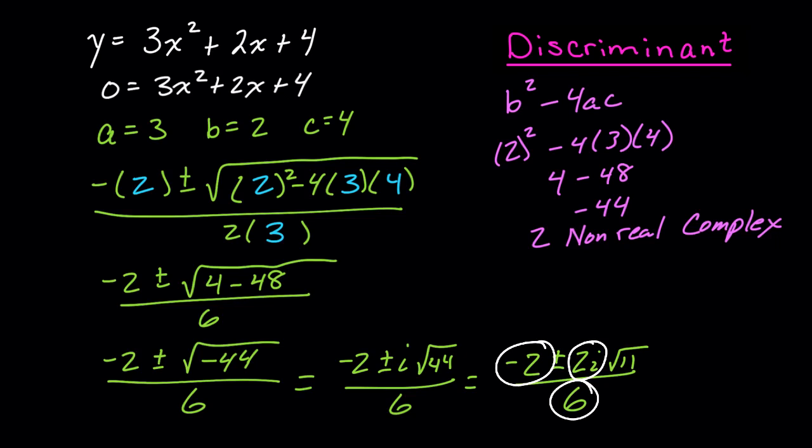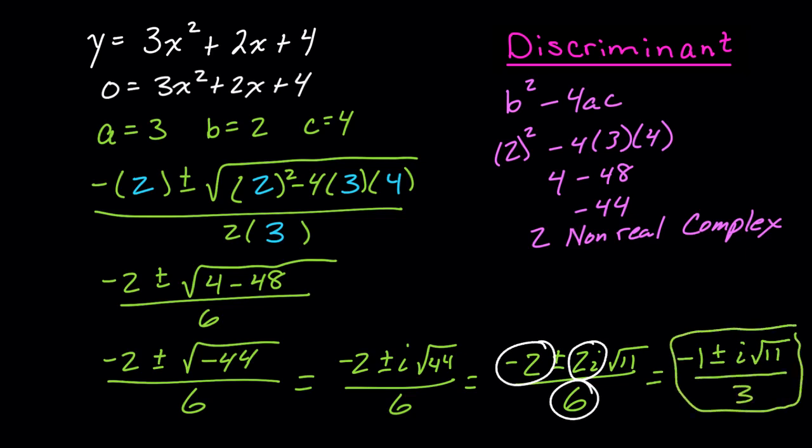If all 3 terms have something in common that they can be divided by, then you need to go ahead and divide by that value in order to simplify this. All 3 of these are divisible by 2, so that's going to give us negative 1 plus or minus 1i square root of 11 over 3. That will be your simplified answer.